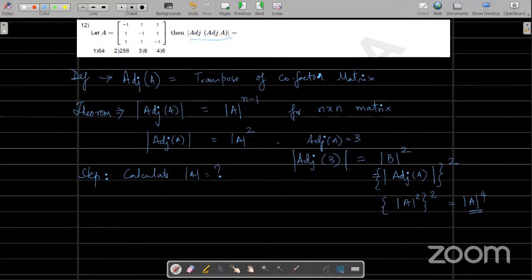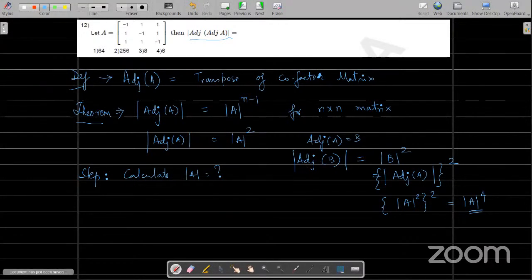So what is the concept required to find the answer? We have already discussed. So what is the definition, which theorem, and therefore what is the final answer? So you can come up with the verification as to which is it, 64 or 256. 6 cannot be, 8 cannot be, because 2 cube is 8. So it should be between 64 and 256.